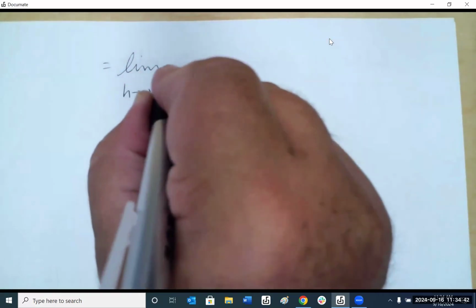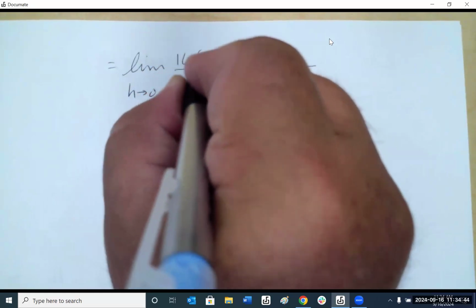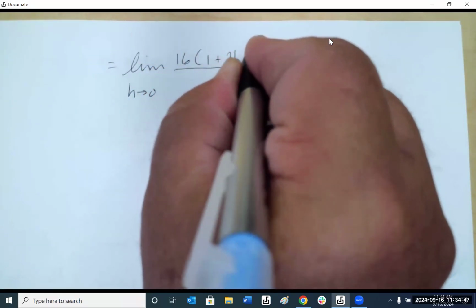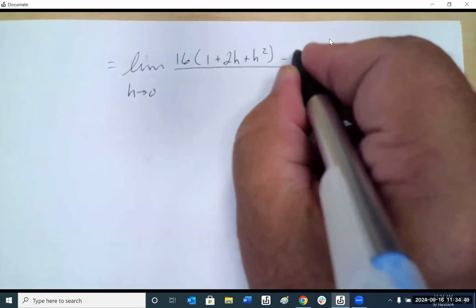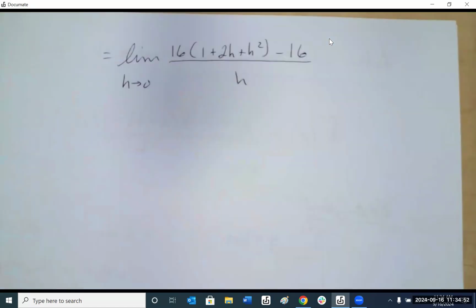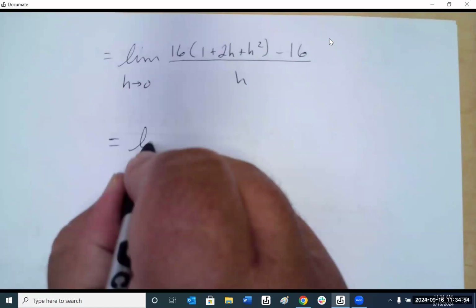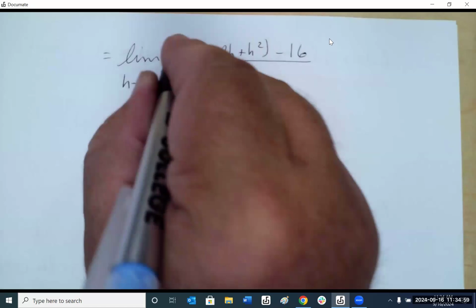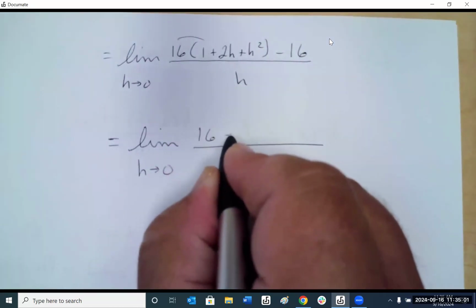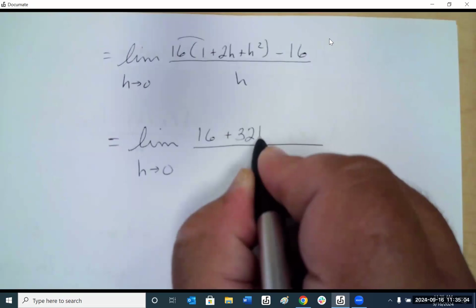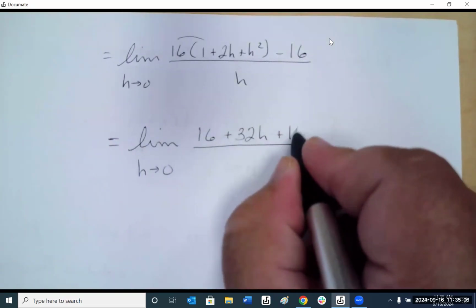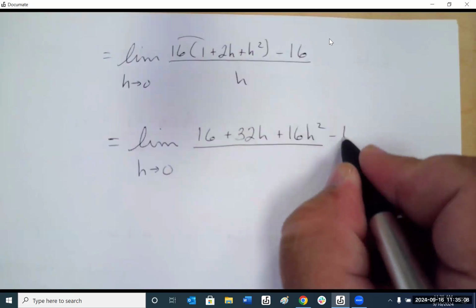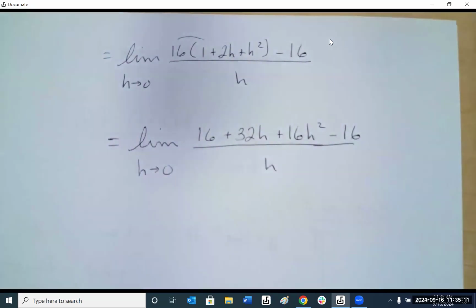So we have the limit as h goes to 0 of 16 times 1 plus 2h plus h squared minus 16 over h. So I distribute. The limit as h goes to 0 of 16 plus 32h plus 16h squared minus 16 over h.